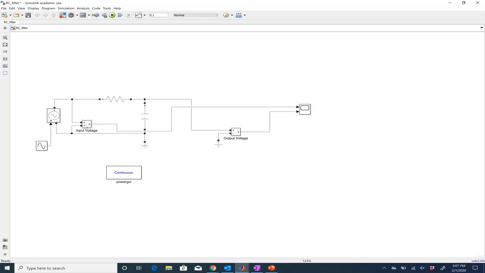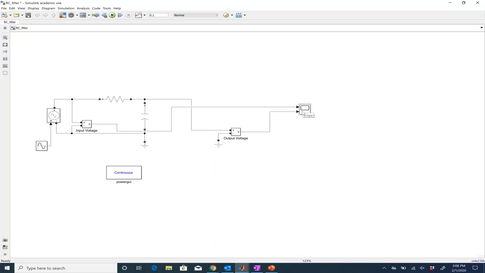Notice that there's a plus input and a minus input, and I have to connect them both to be able to use this. And then I have this output voltage measurement with the plus terminal connected to the plus terminal of the capacitor and the minus terminal connected to ground, which is the same as the minus terminal of the capacitor. The outputs of both of those measurement devices are connected to this oscilloscope over here.